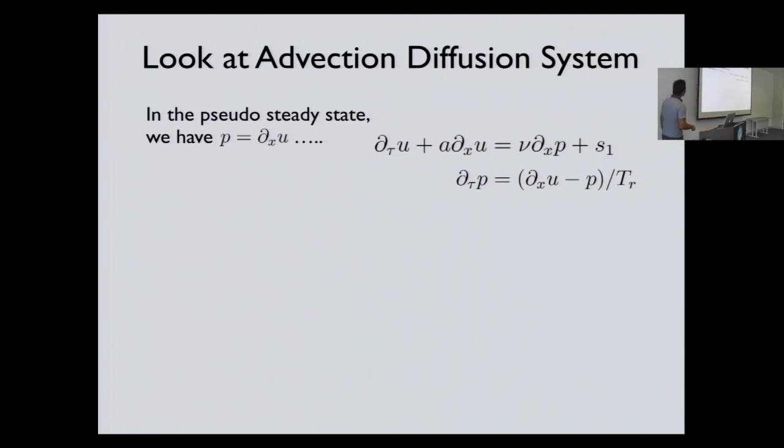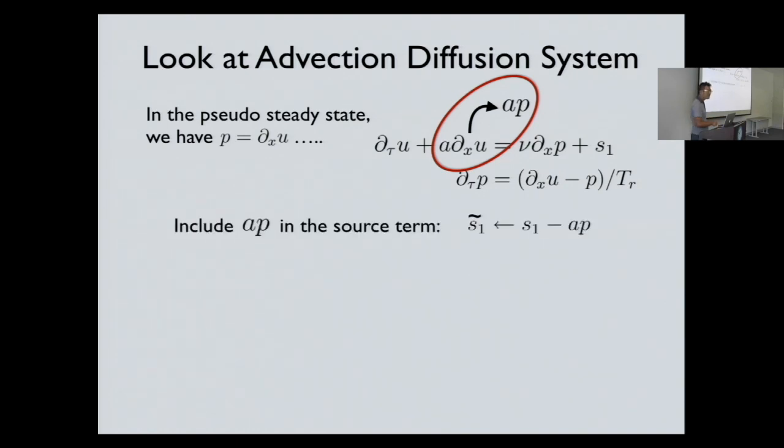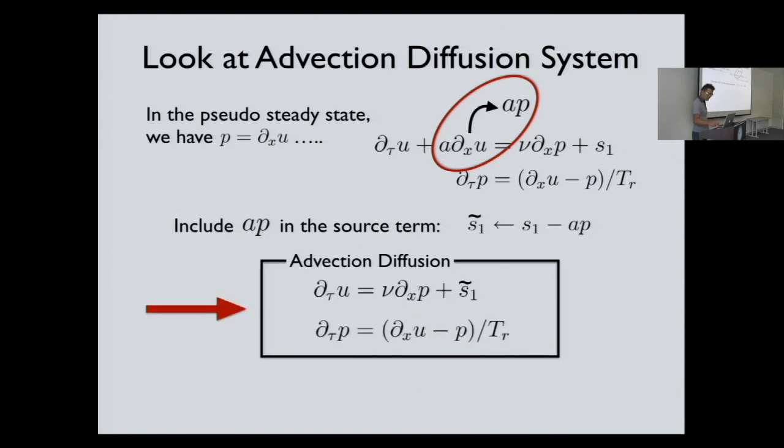So that means if Ux is P, we can write the advective term as A times P. And it looks like a source term. And if it is a source term, I can take it to the right-hand side. AP goes to the right, and S1 minus AP will be the new source term. So now the system looks like this.